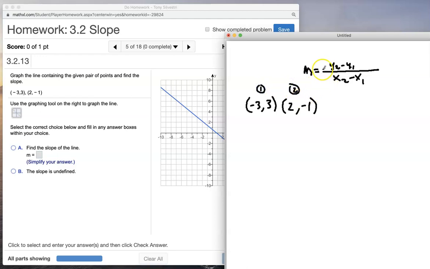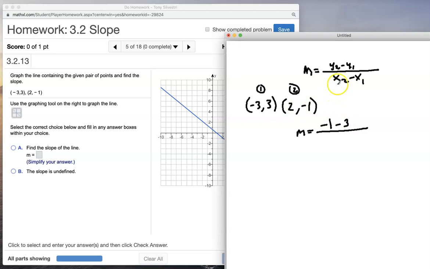So this is going to be our formula that we're going to use to calculate the slope. It says y2. Okay, point 2, the y value is -1. Minus y1, the y value of point 1 is 3.